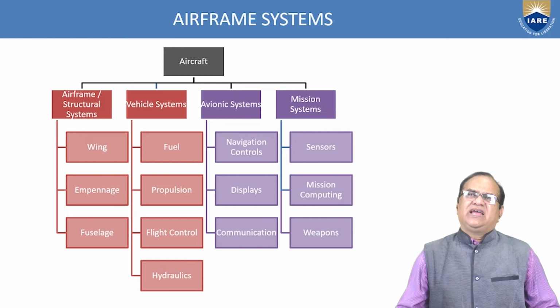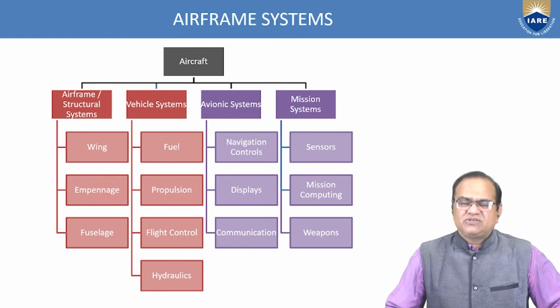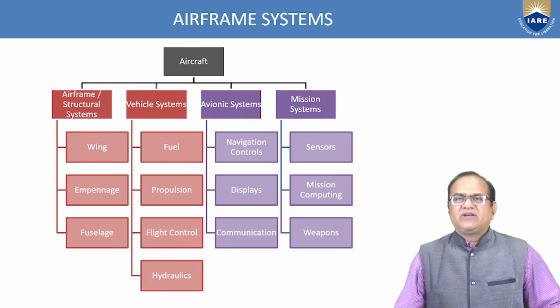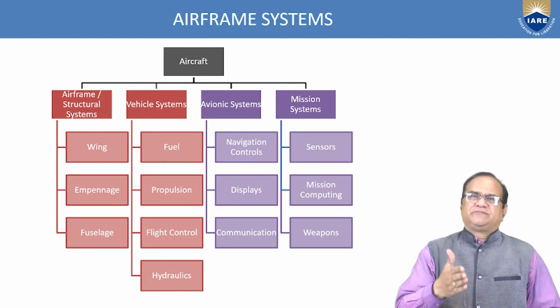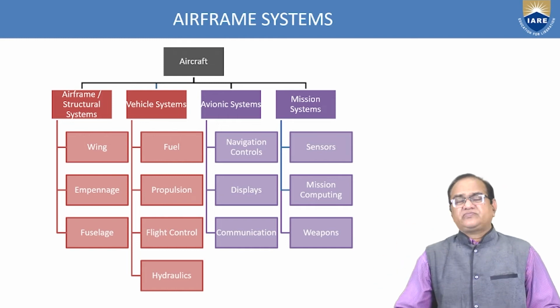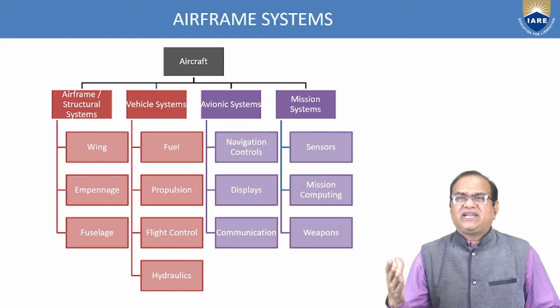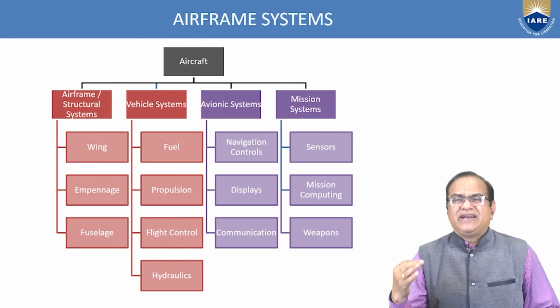So this is a brief idea of the different aircraft systems. Each of these verticals, 1, 2, 3, 4, contains one unit. In detail, we will be discussing them in different units, and at that time, we will go through each and every one in detail.